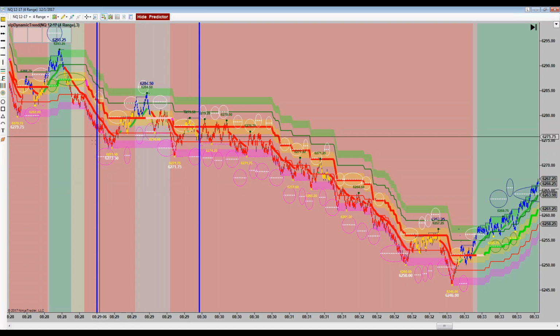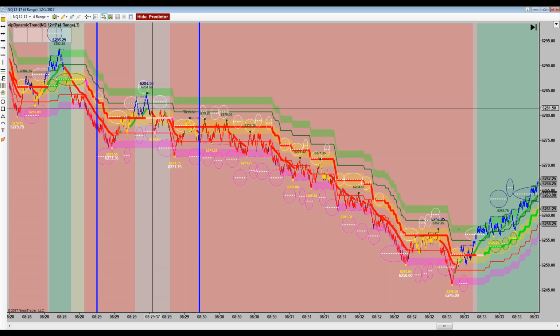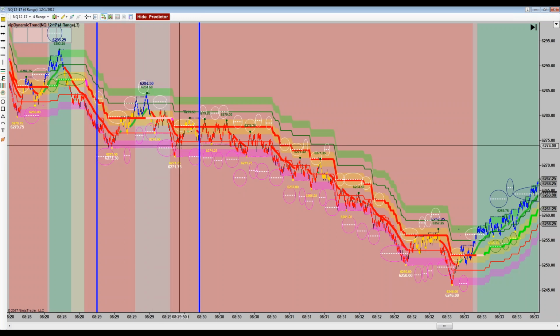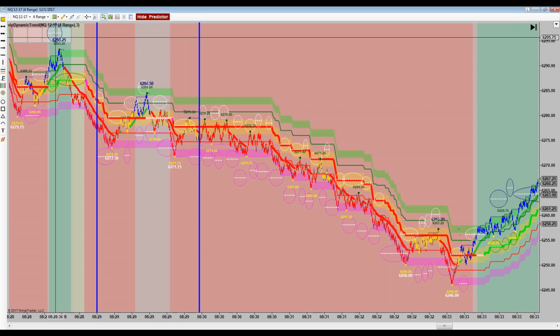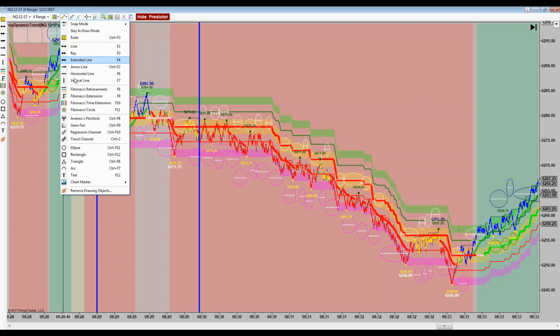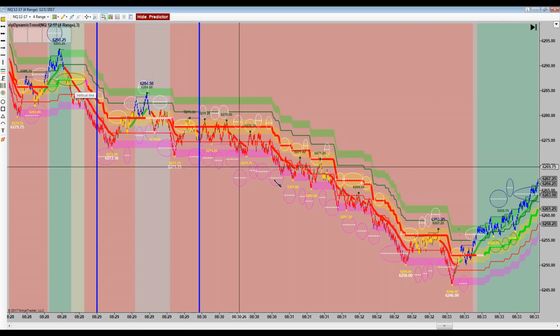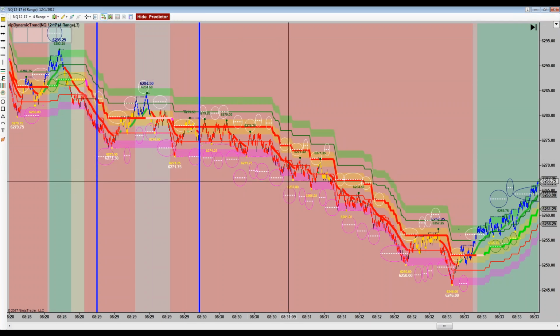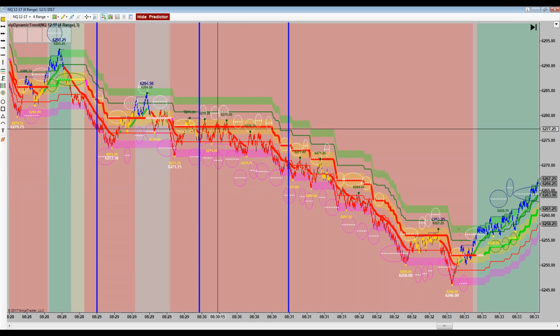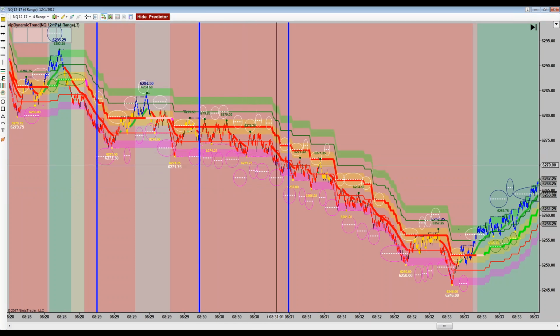You see all these bars? All these bars printed in 1 minute. 8:30 starts there, and 8:30 doesn't end until right here. All these bars printed in 1 minute.